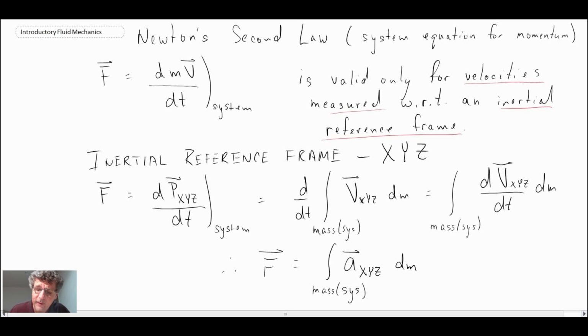And so we're going to play with this right now, and we're going to find a way to re-express the acceleration in the inertial reference frame in terms of the reference frame of our control volume. Let's go ahead and do that.